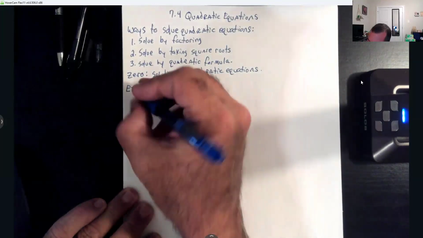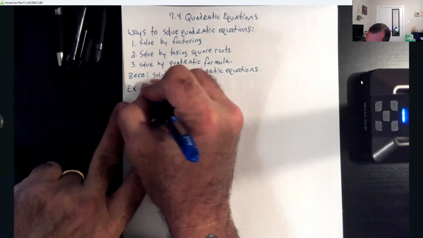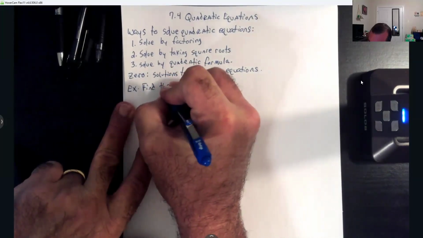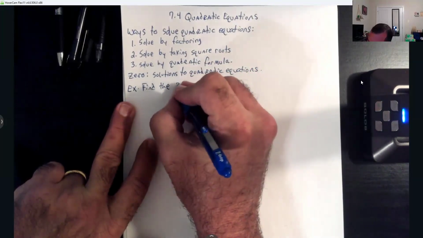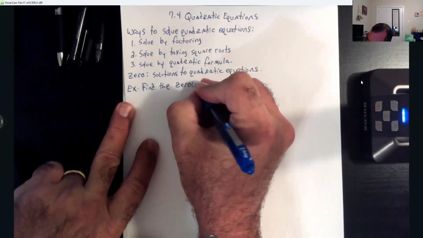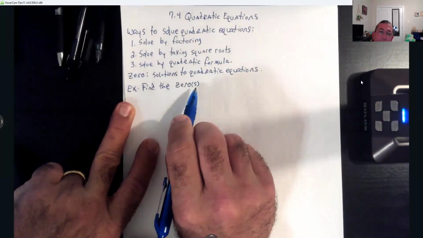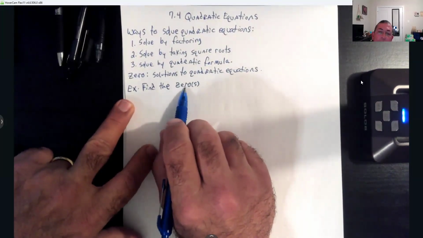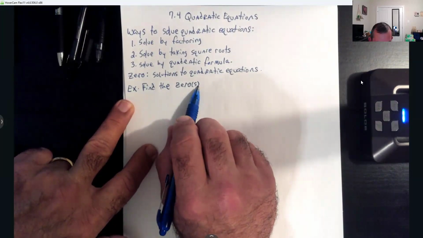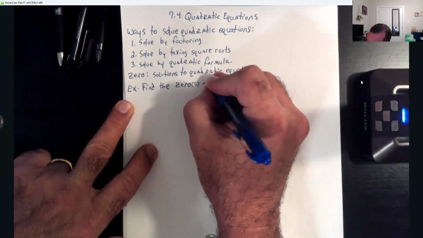Okay. So this one will say, find the zeros. And they put S in parentheses because it could be one zero or many zeros of the following function.